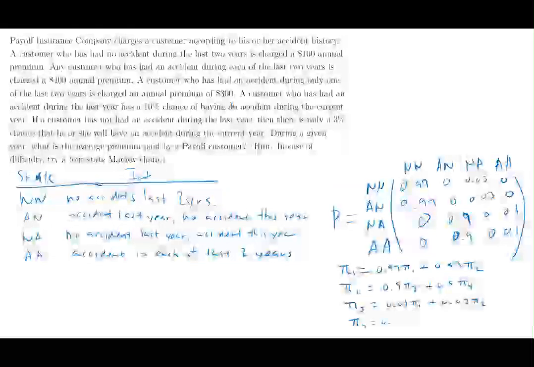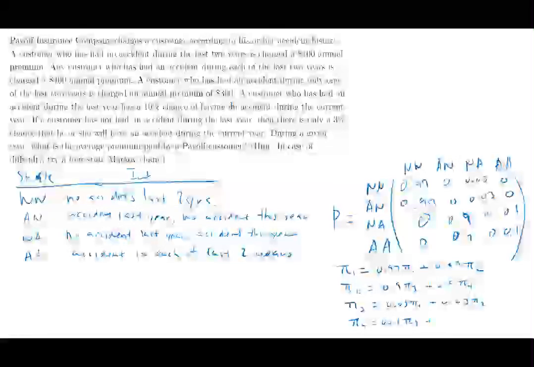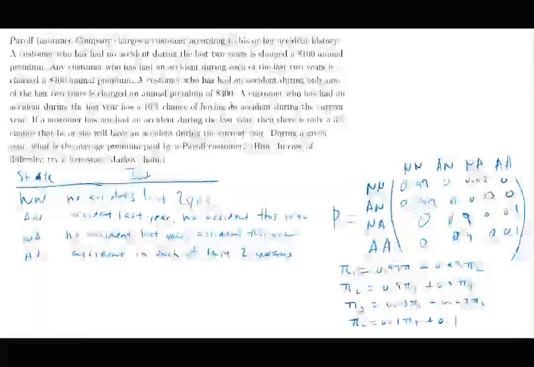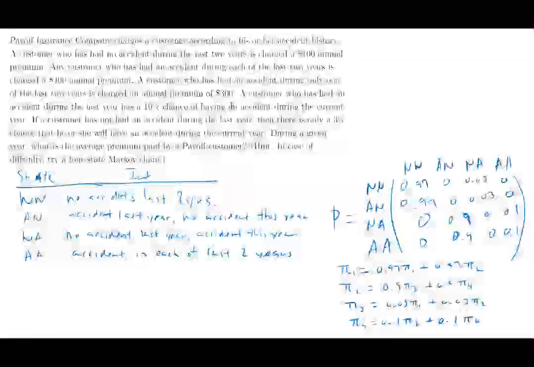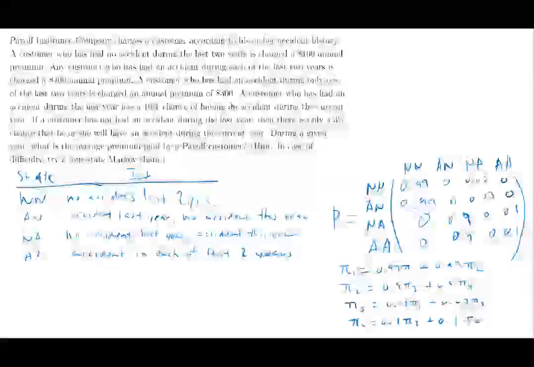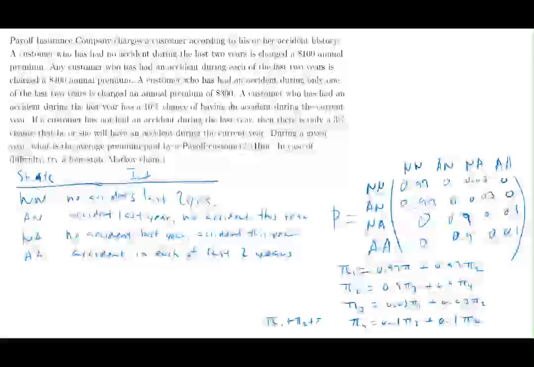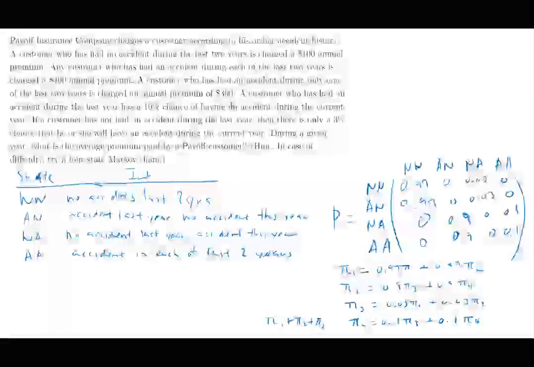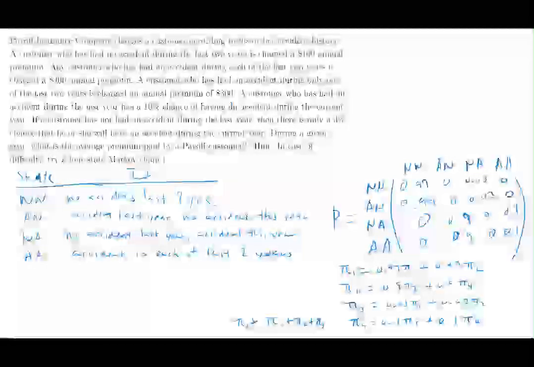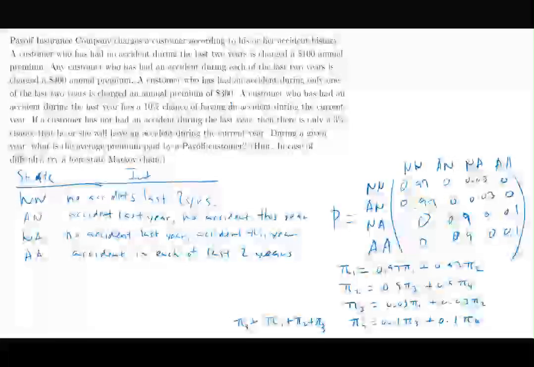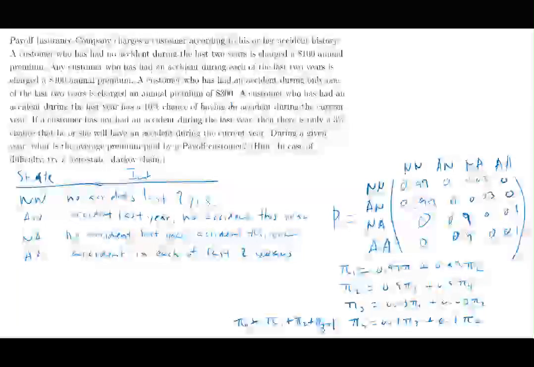Pi 4 equals 0.1 pi 3 plus 0.1 pi 4. And then my final equation right over here, pi 1 plus pi 2 plus pi 3 plus pi 4, the sum of all my pi's, is going to add up to 1.